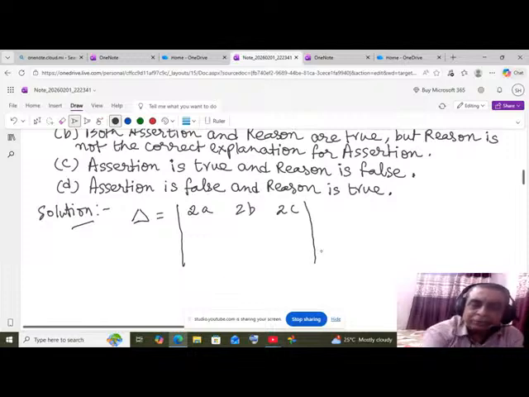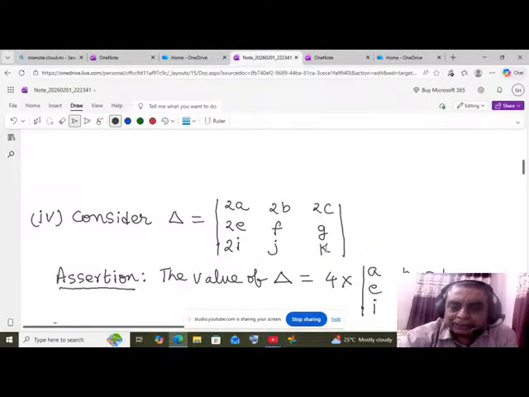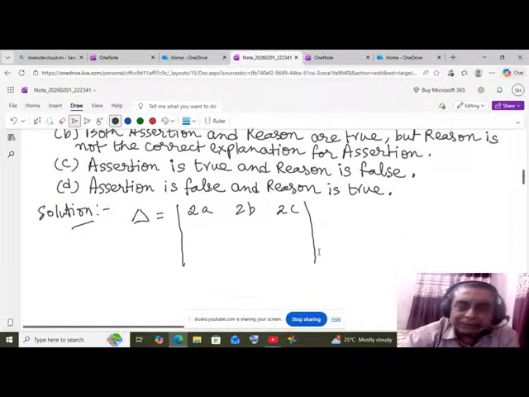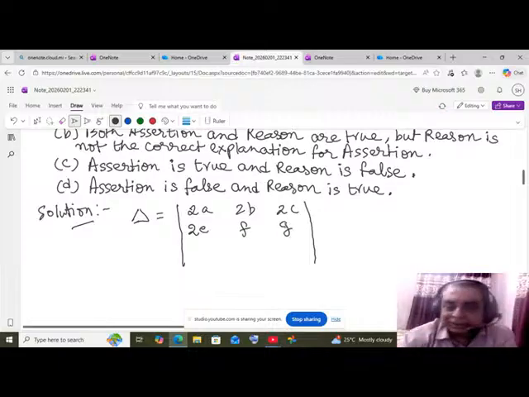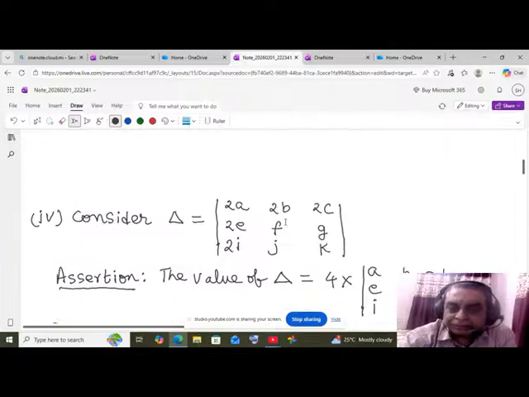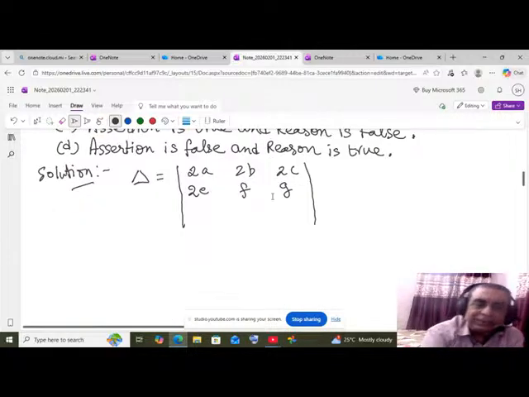The second row is 2e, f and g. And the third row is 2i, j and k. Now take 2 common out from the first row.